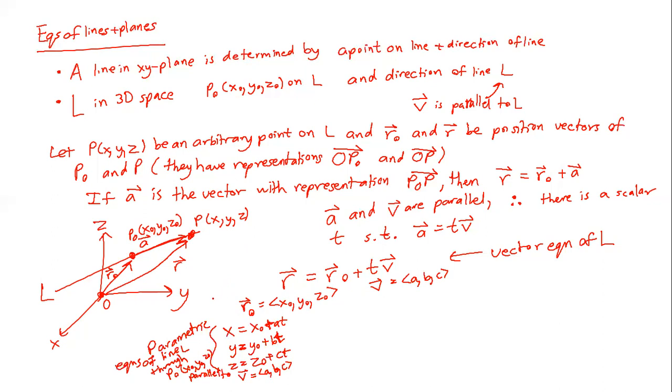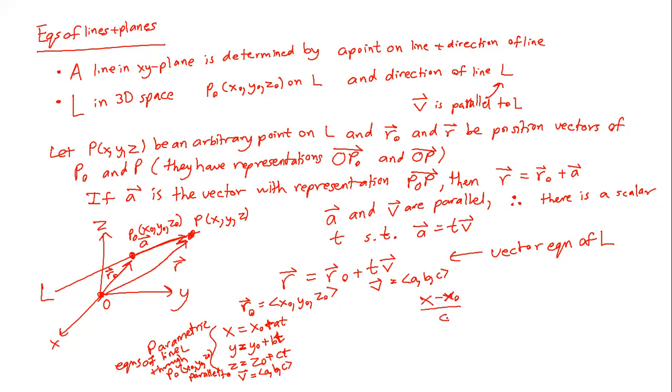So the next thing we want to say is, what does it mean if we put it in a symmetric equation? In this case, we could solve all of these for t and set them all equal. If we do that, we get this new set of equations.